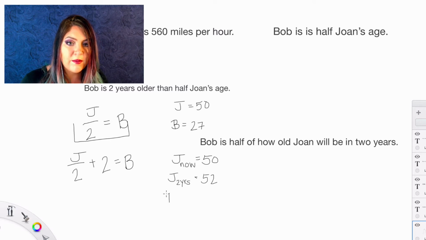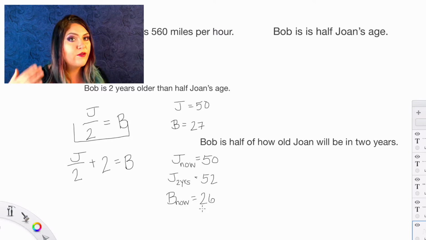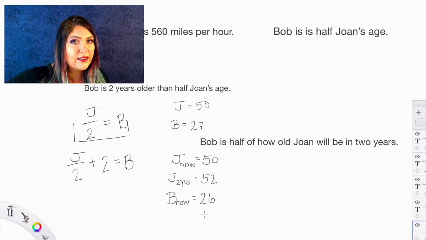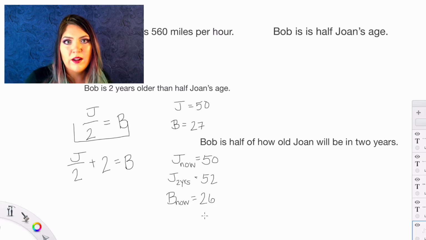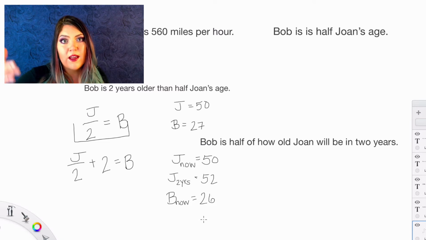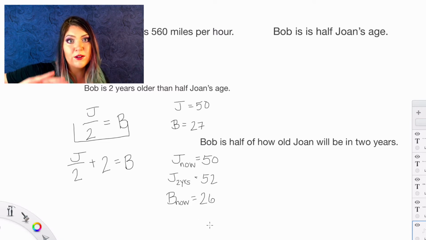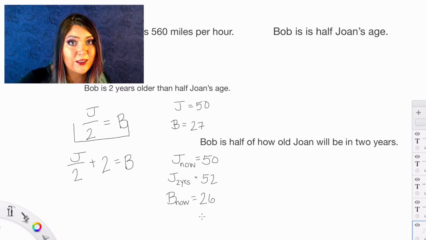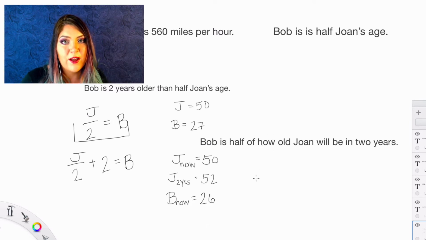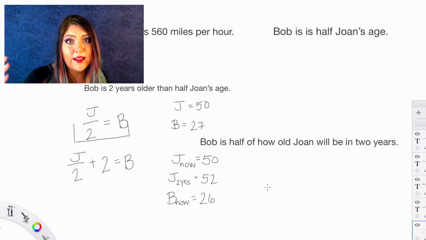And that means that Bob now is half of how old Joan will be in 2 years. So Bob is 26. Okay? If that doesn't make a whole lot of sense, try it with a different number. Try it if Joan is 34 now, and then work through it. So just do enough real world examples where the algebra starts to make sense to you. Okay? So if you need to do that, pause it and come back.